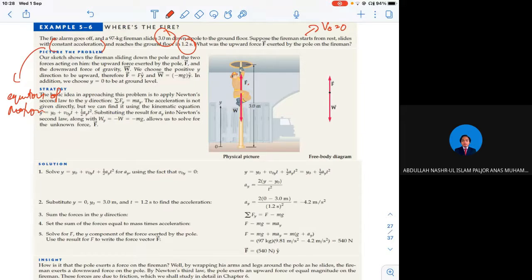So what was the upward force? The free body diagram should be like this, where the fireman has a weight here and also the upward force. Sometimes we can call that a friction. Obviously we want a little friction when sliding down the pole, because otherwise you can easily get to the ground in a very short time.